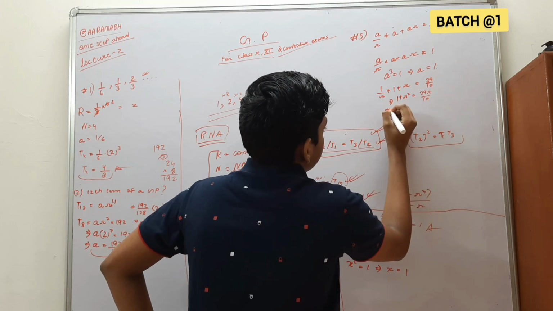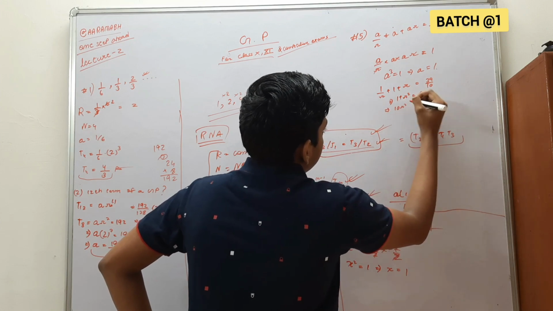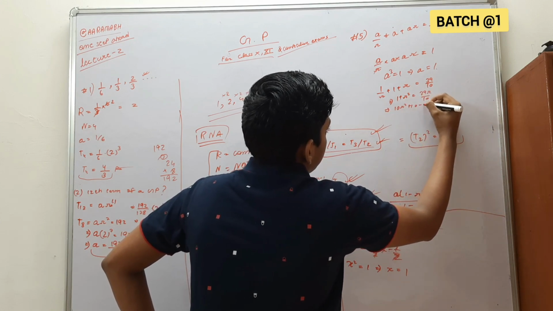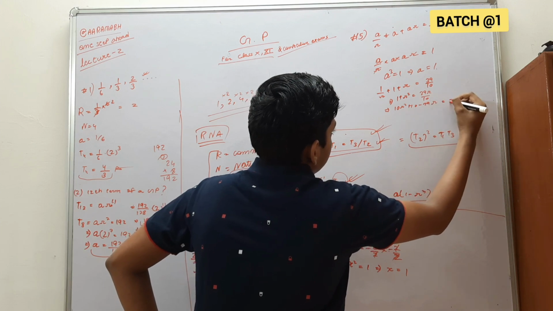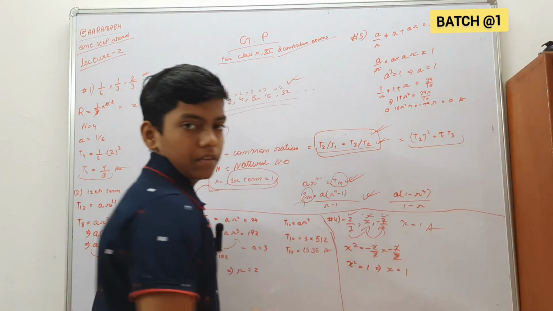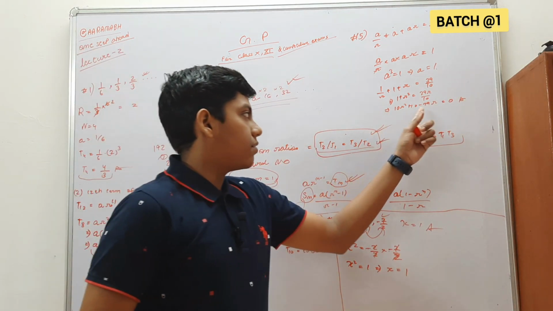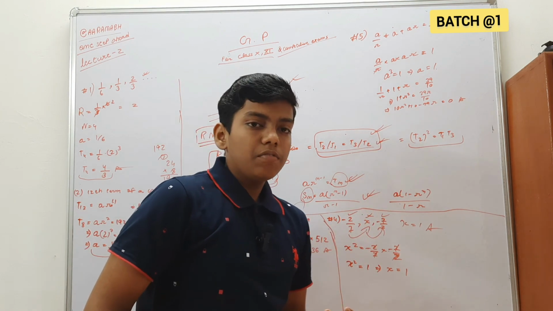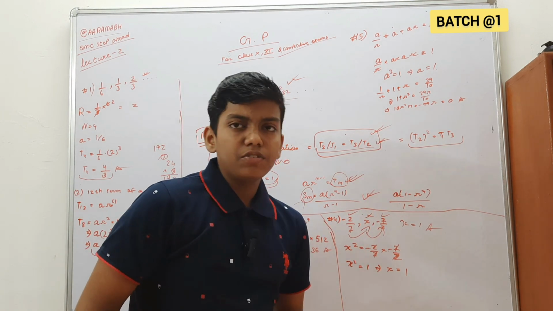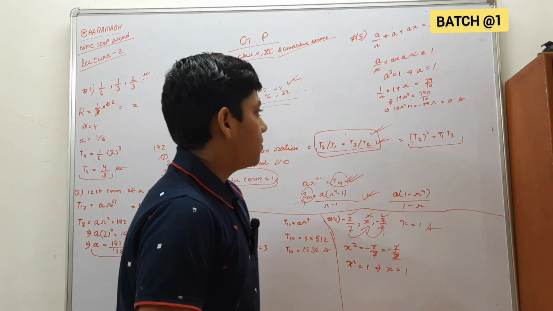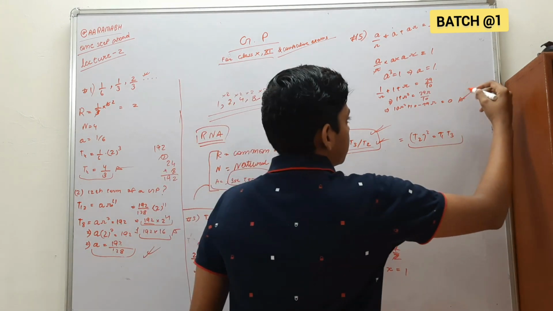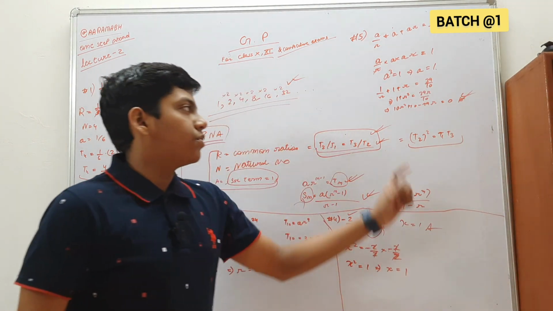Then 10 will come here: 10r square plus 10 minus 29r equals 0. From here we can solve it by middle term factorization, or we can also solve it by quadratic equations.